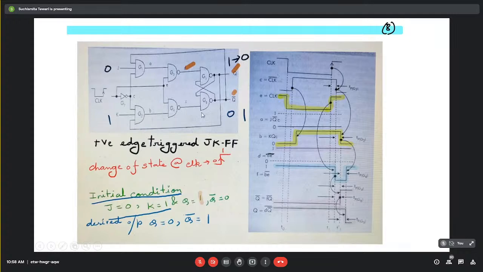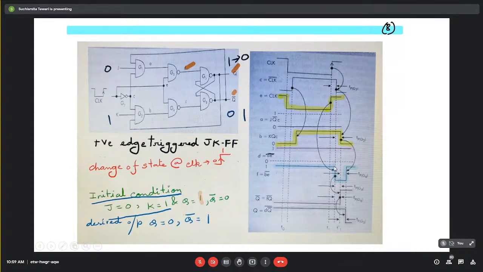Now we will see the Q bar signal. What is Q bar? Q bar is nothing but F and Q whole bar. Up to this, F is also 1, Q is also 1. So Q bar will be maintained at 0.